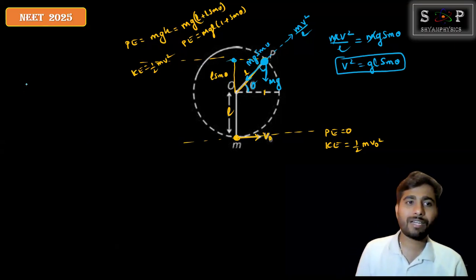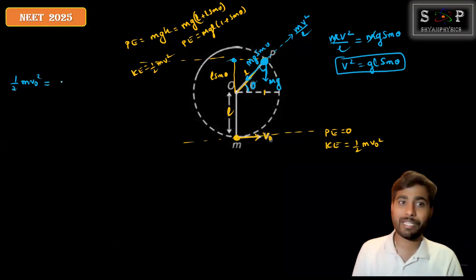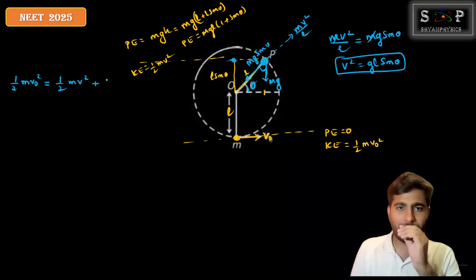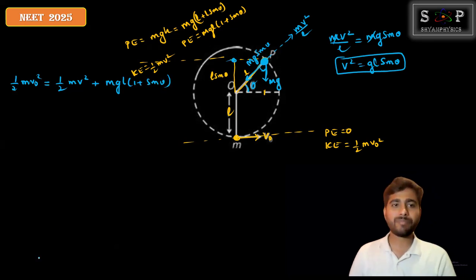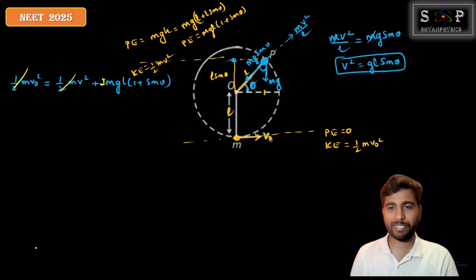Lower level kinetic energy is half m v naught square. At the highest point, it has kinetic energy of half mv square and potential energy mgL(1 plus sin theta). Correct? So I can cancel m from here, and we need to multiply by 2 for that reason.